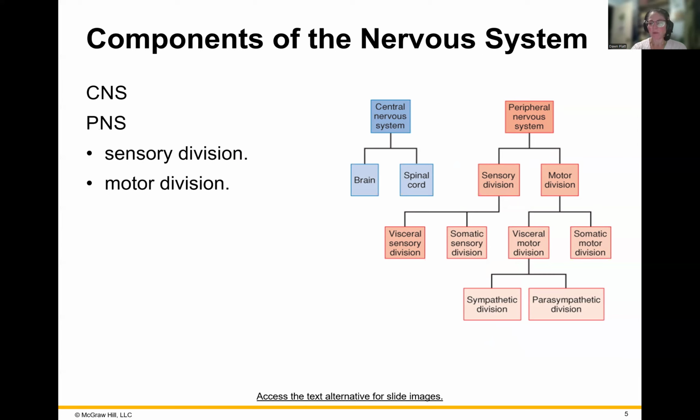And it breaks down again where it's visceral and somatic, but then we go to our sympathetic and our parasympathetic divisions, and that's where we get to that fight or flight syndrome, where our body will react to different stressors or crises or emergency situations, and then our nervous system tells us what to do, whether we shut down, run, fight, whatever it may be.